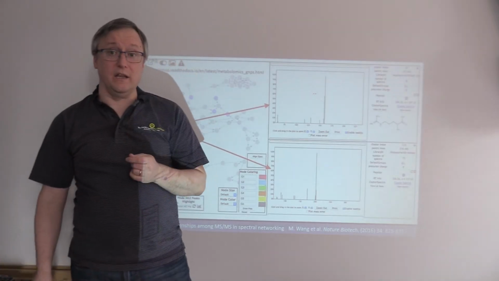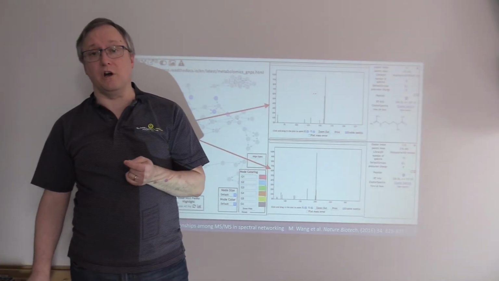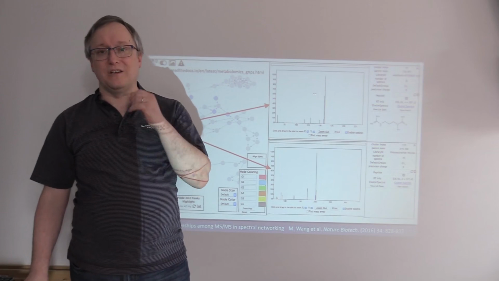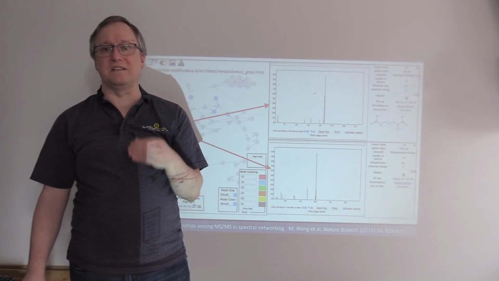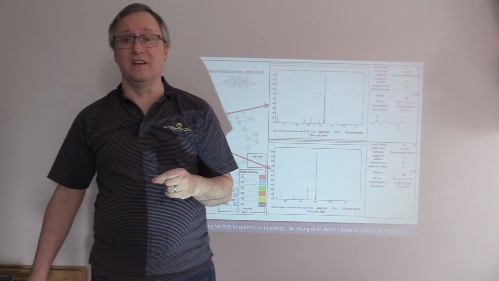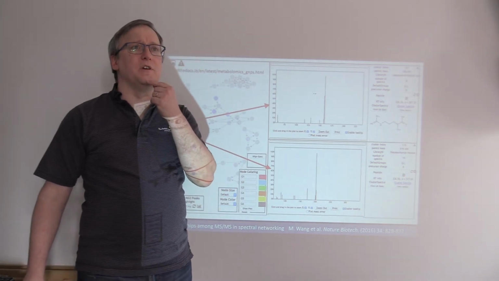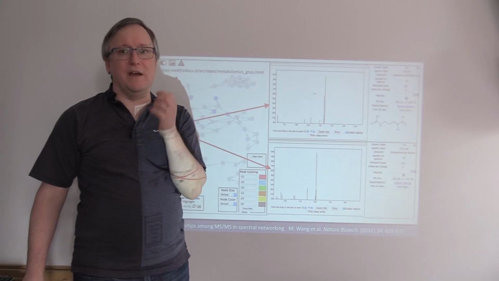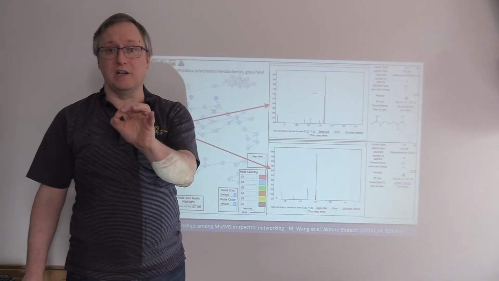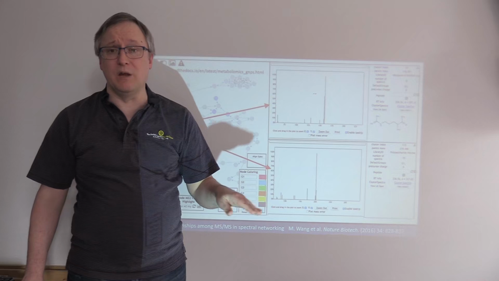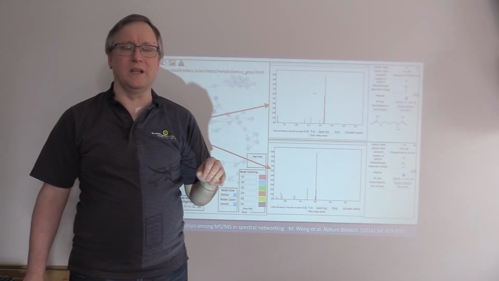But critically, I think it's really important that we talk about how we totally automate the process of identifying everything in a raw file, or in a WIFF file for that matter. So in this case, we don't have one spectrum of particular interest, we have thousands of them. We want to identify all of them.